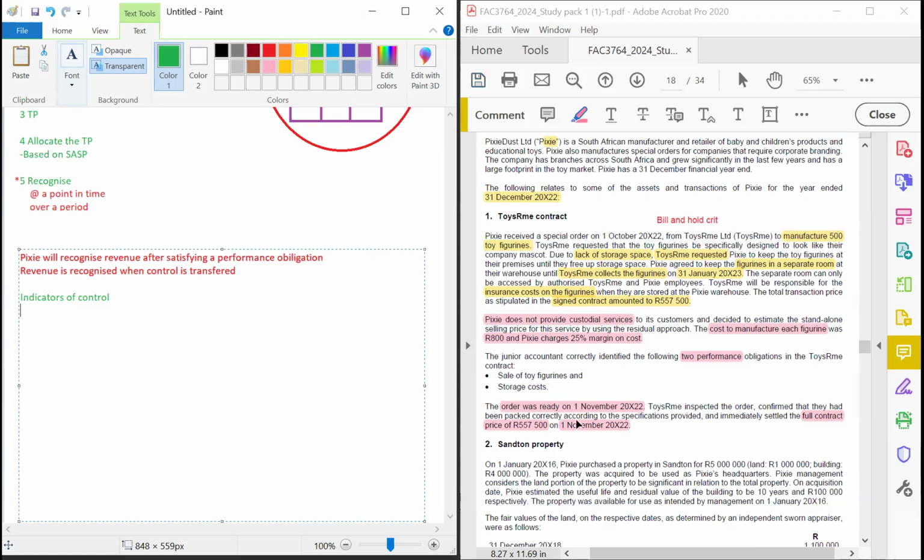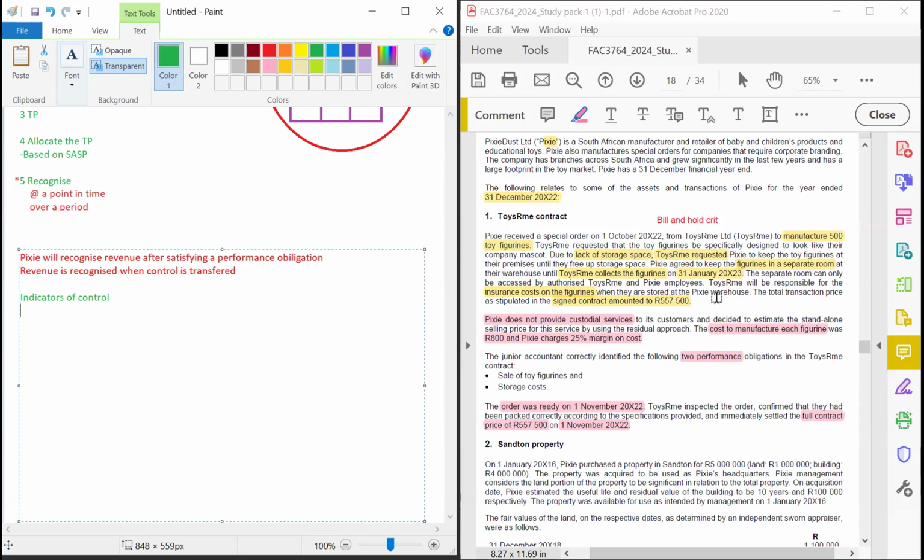So now, when Toys R Us confirm that everything has been paid correctly and settle the full contract price, yeah, there is an indicator of control. Another indicator of control is where they mentioned that Treasury will be responsible for insurance costs when they are stored at Pixie's warehouse.